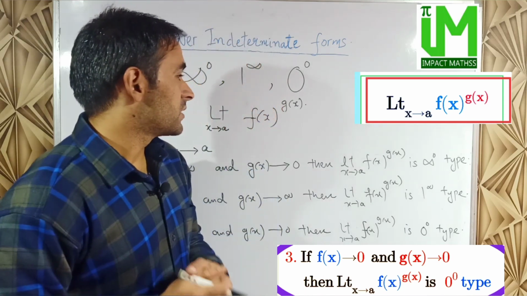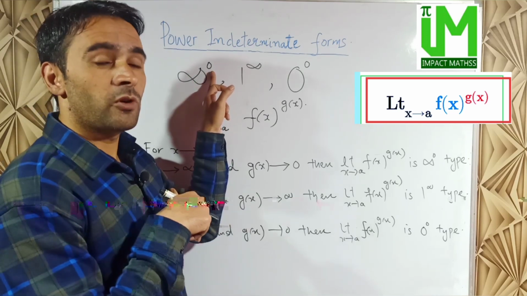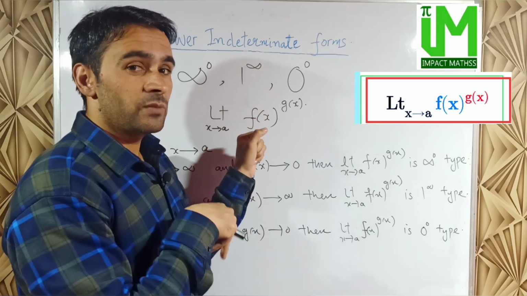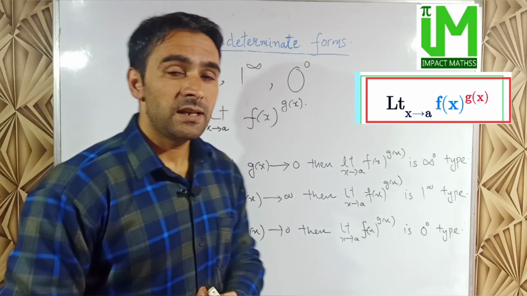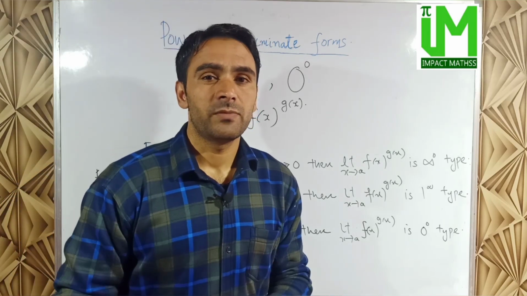So we can observe that infinity to the power 0 is an indeterminate form with power, 1 raised power infinity again indeterminate form with power, and 0 to the power 0 is again an indeterminate form with powers. So that's why these are called power indeterminate forms.